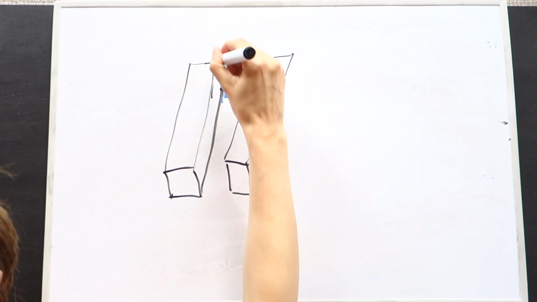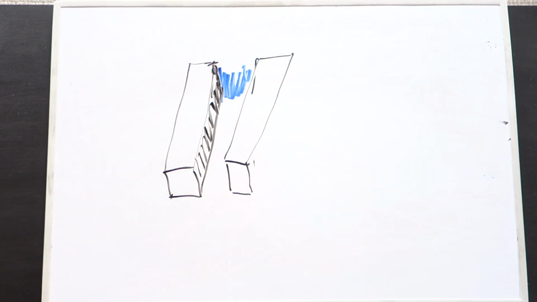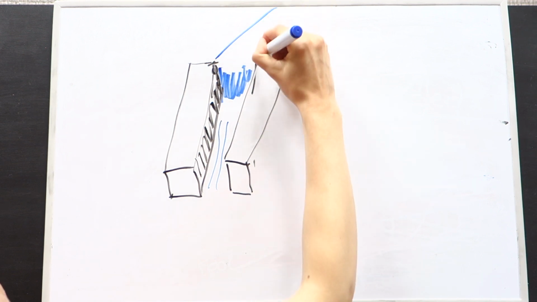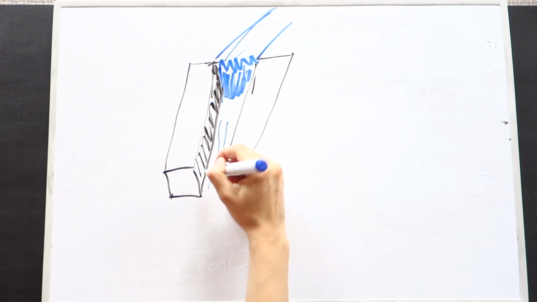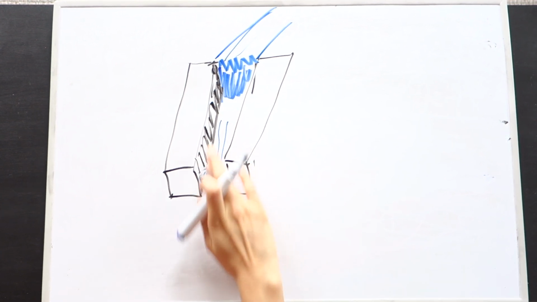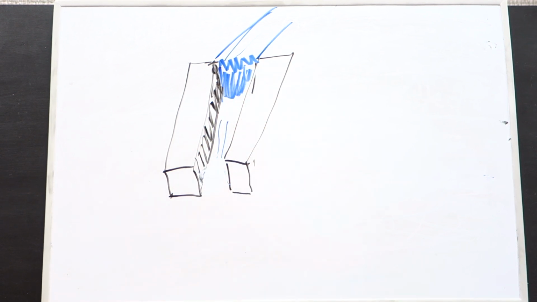And a gorge is a narrow, very steep-sided valley that is formed by the retreat of a waterfall. So the waterfall used to be here, but over time it's retreated, it's moved backwards, and it's left behind a narrow, very steep-sided valley called a gorge.